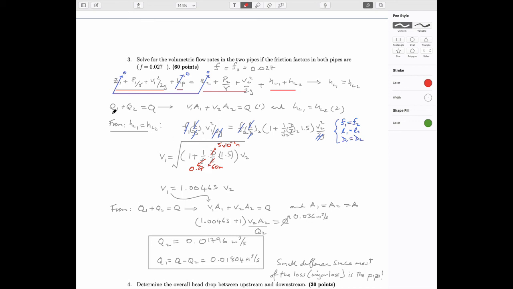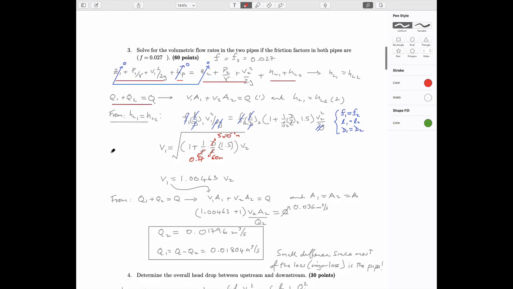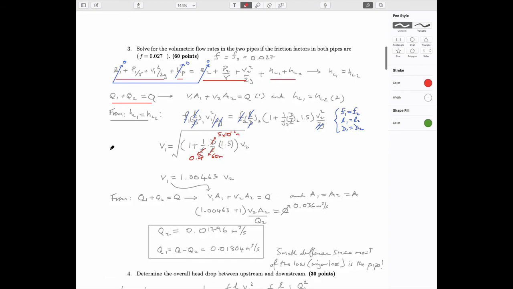We can write that the volumetric flow rates have to satisfy continuity. And by that definition, we can also write that the head losses between upstream and downstream have to be the same. We have to write this for, so this is wrong, actually, right? This has to be written for one circuit at a time.